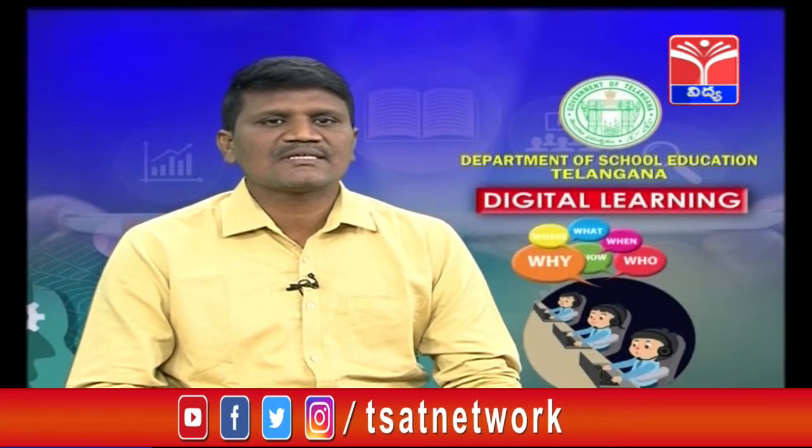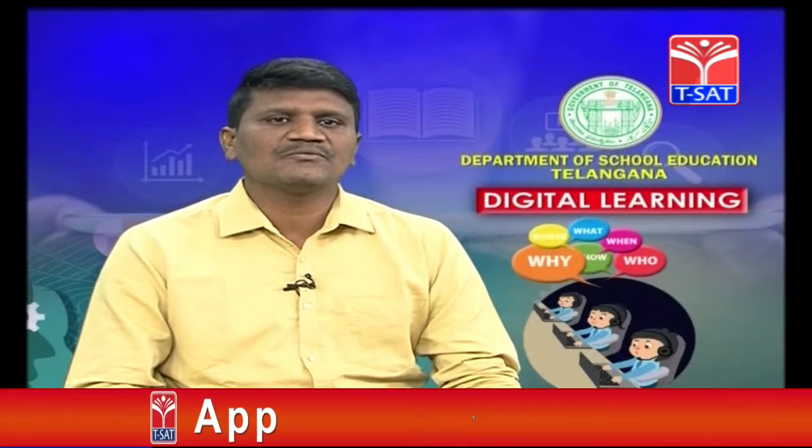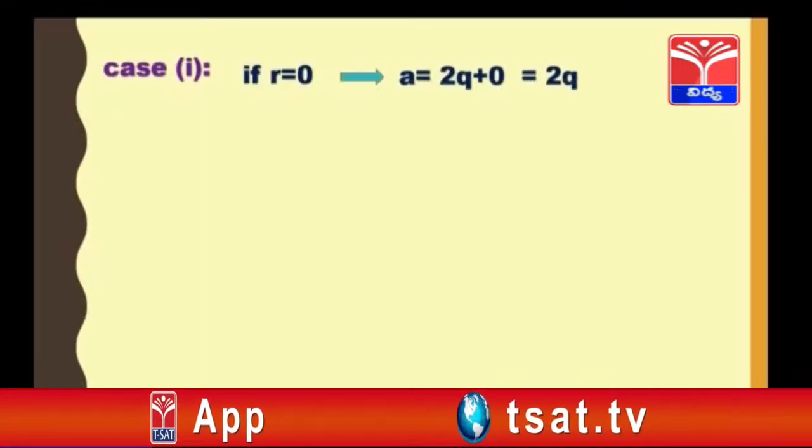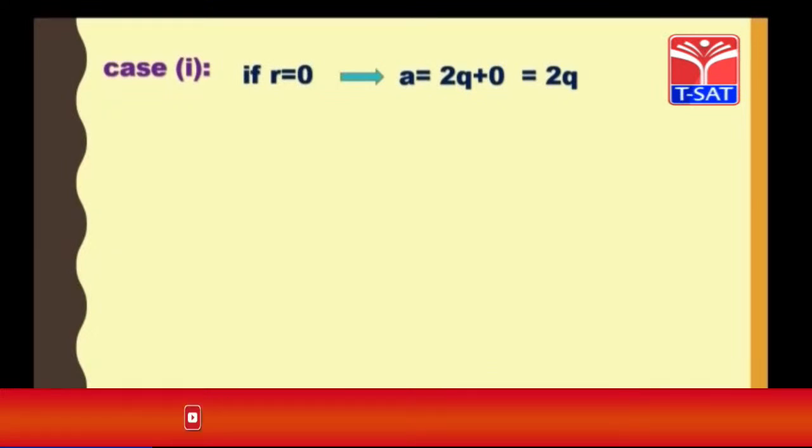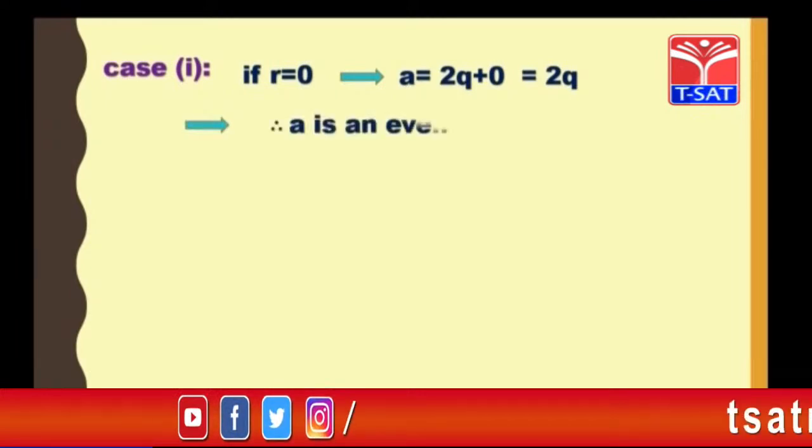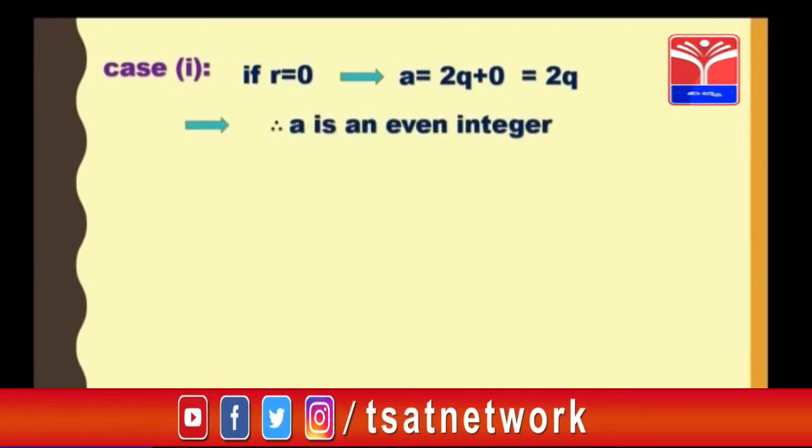Let us see the first case. If r is equal to 0, then a is equal to 2q plus 0, which is 2q. 2 into any number is always an even number, so a is an even integer. Let us take case 2.